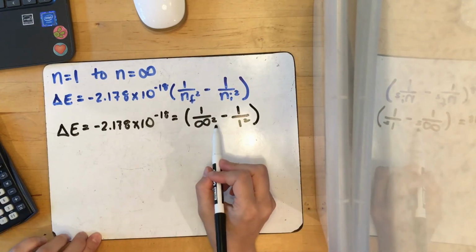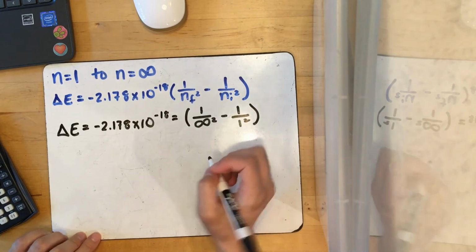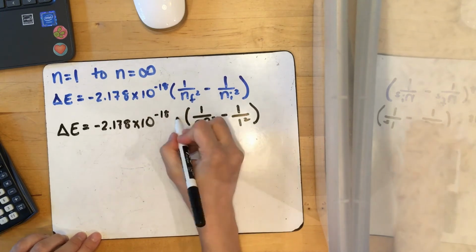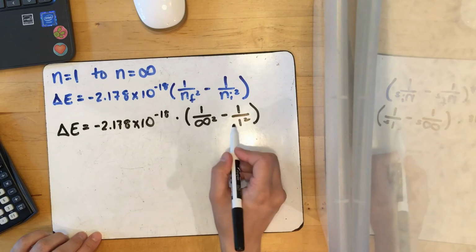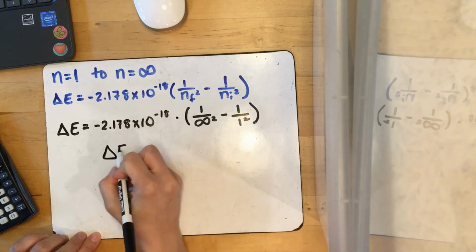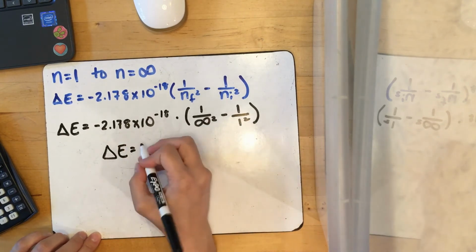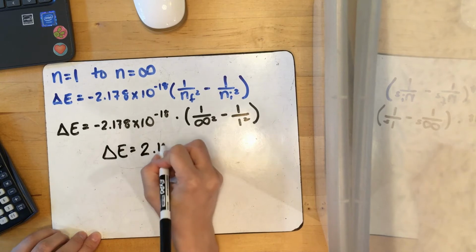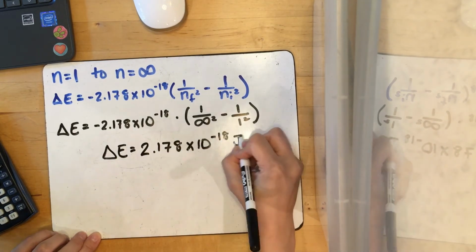One over infinity is basically 0, right? It's approaching 0. So this basically winds up to be 0 minus 1, which is -1. So our energy here is going to be this number times -1, which just makes it positive. And there we have it.